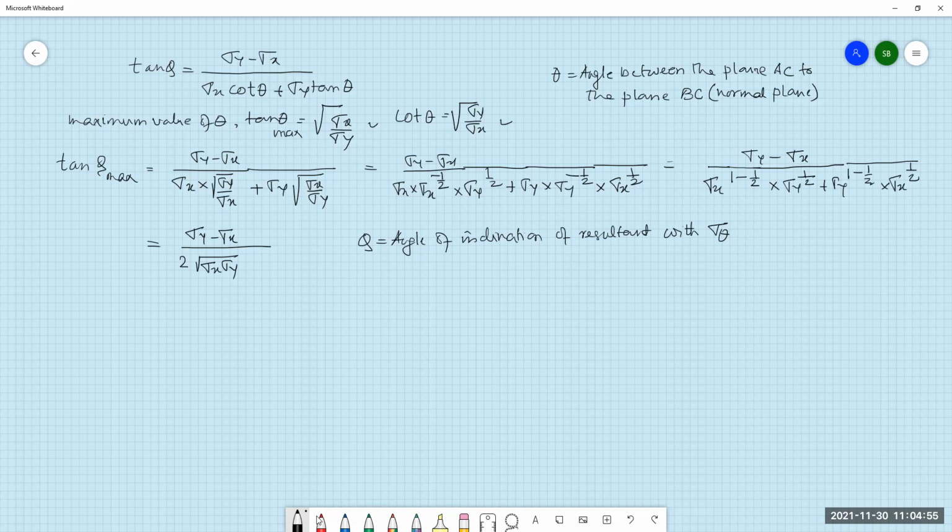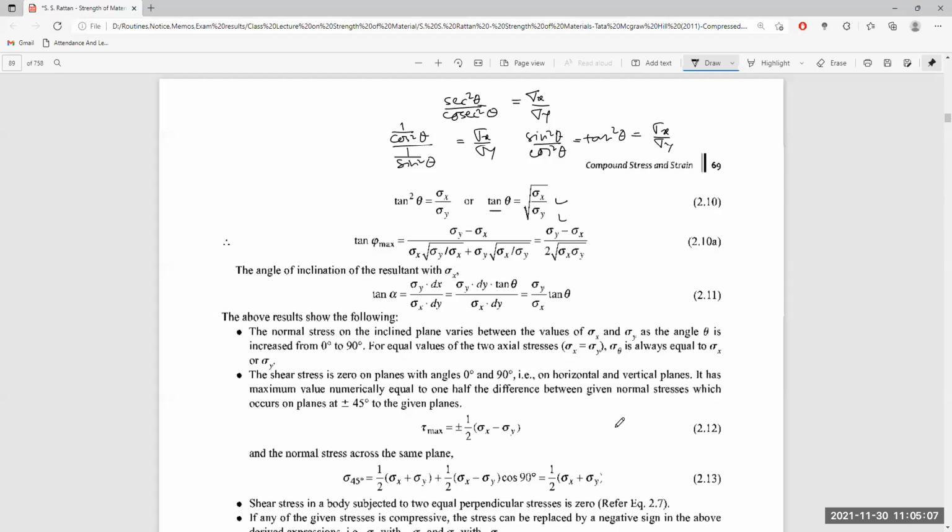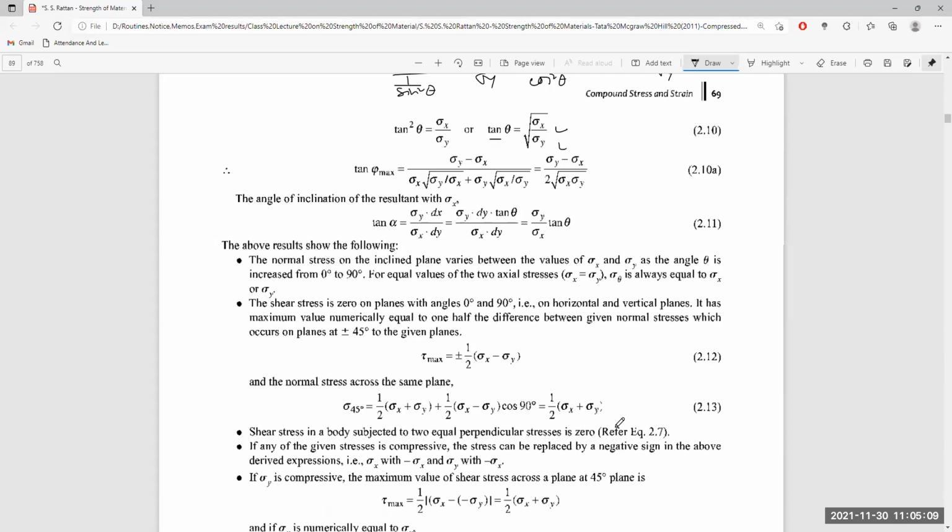Now, the above result shows us the following. The normal stress on the inclined plane varies between the values of sigma x and sigma y as angle theta is increased from 0 to 90 degrees.